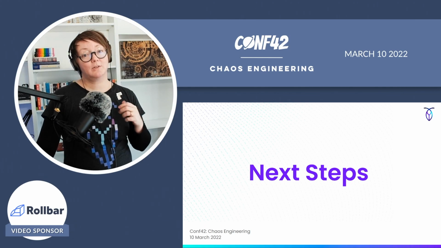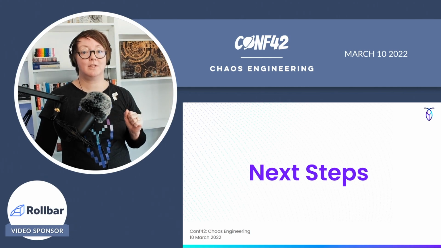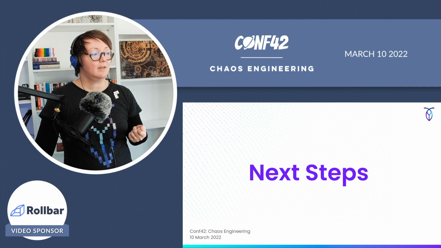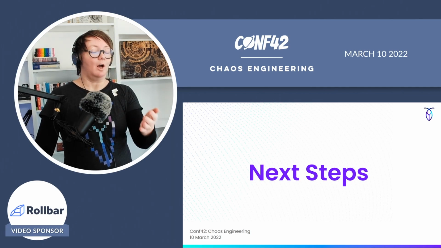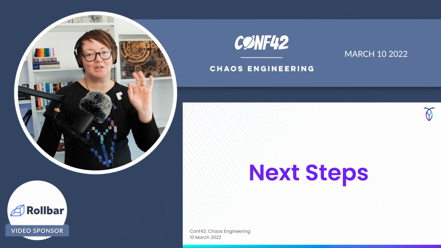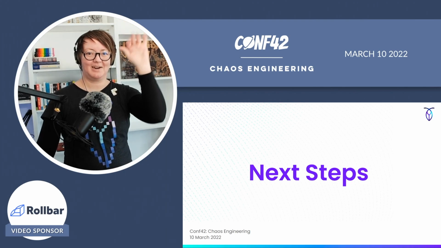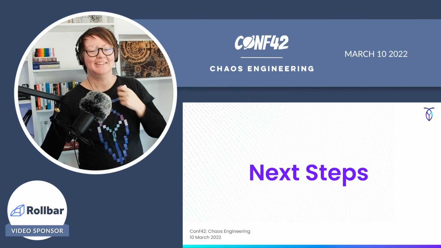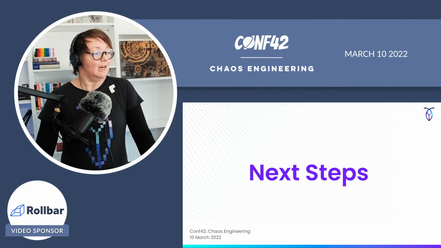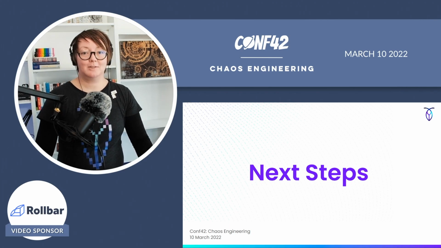If you have experience with other chaos engineering tools that you think you could help me with, I would love to hear from you. Maybe there's something else about Docker. Maybe there's someone watching this who's like, I am a Docker expert and this sounds intriguing. And maybe I do just need to merge a YAML file. That's a possible next step.